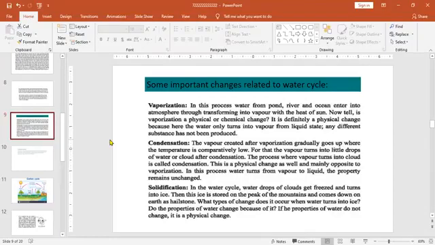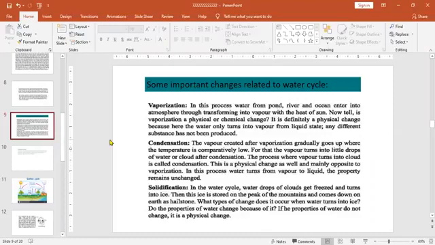When ice melts and converts to water, or water is heated and converts to water vapor, it is just water in different phases, and no new substance will be created. That is why vaporization is a physical change.